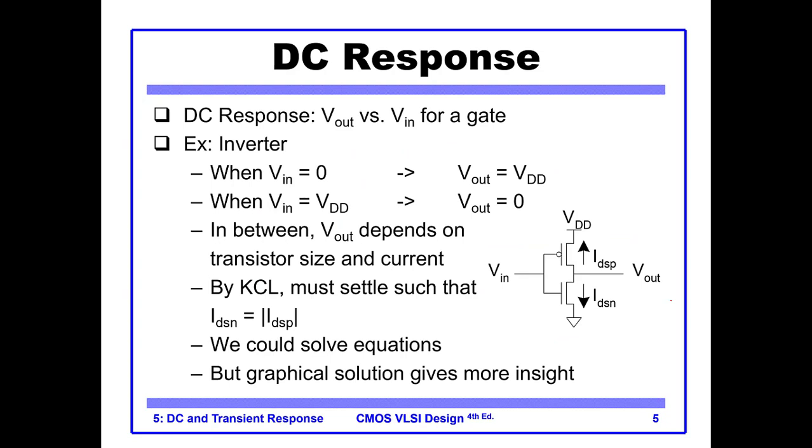Now, what is DC response? DC response is a response which does not change with time. So the response of a transistor circuit which does not change with time. So DC response is basically the Vin versus Vout for a gate.